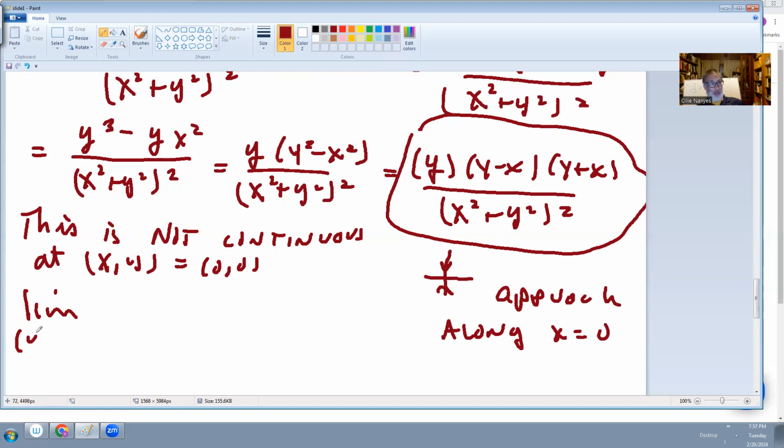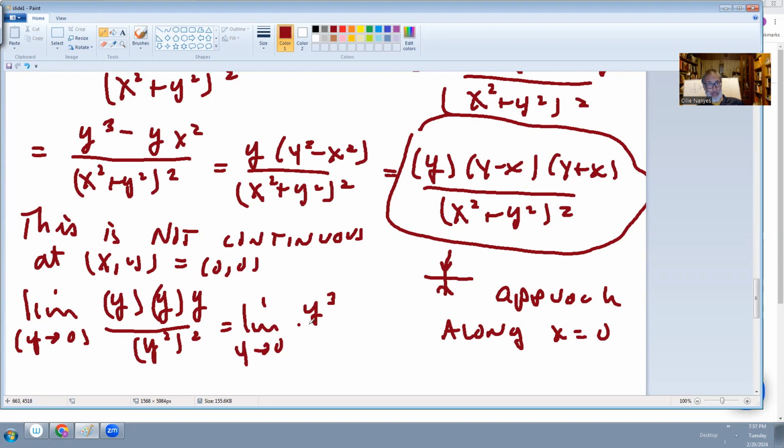So if I let y go to 0 here, and I let my x equal 0, I have a y, another y, and another y on top. And on the bottom, since my x is 0, I have (y squared) squared.